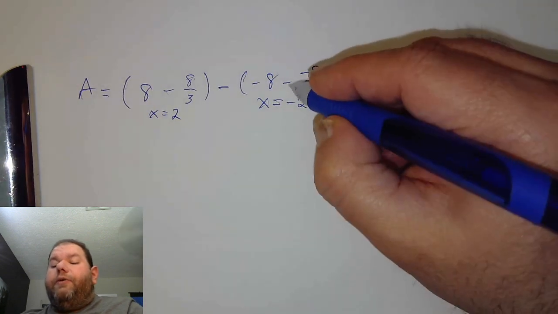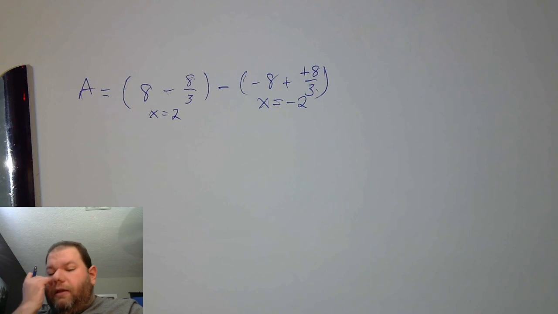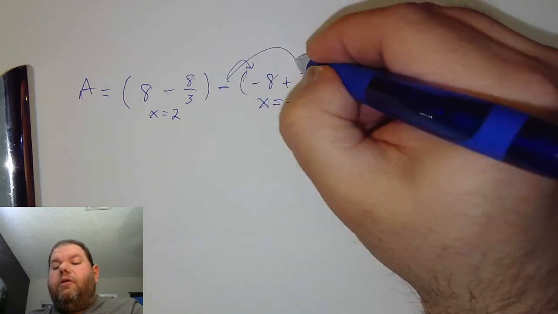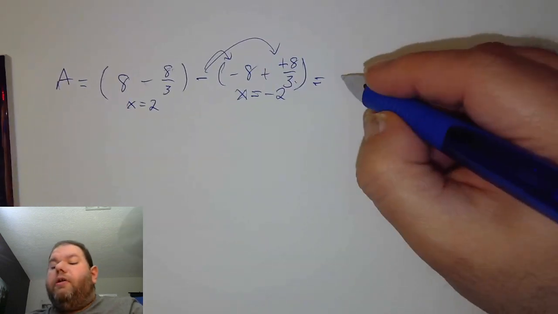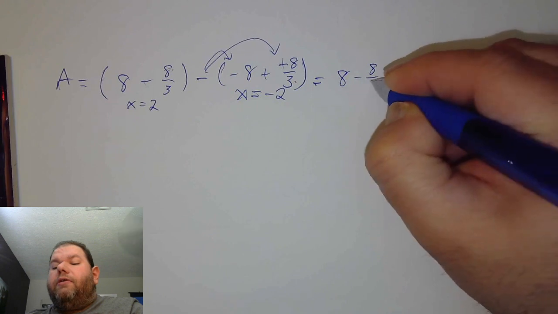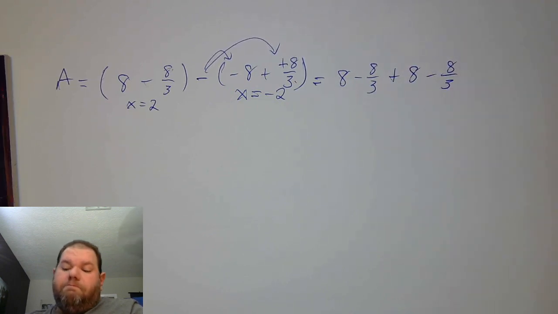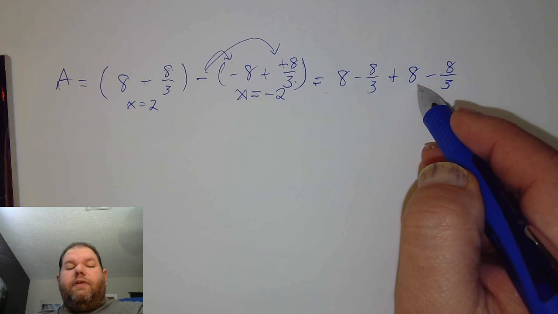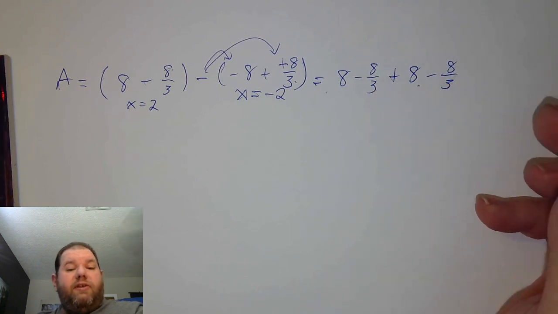Now, we know these two negatives will make a positive, and if we distribute this minus sign, then we'll get 8 minus 8 thirds plus 8 minus 8 thirds. Now from here we'll just combine our like terms. 8 and 8 is 16, minus 8 thirds minus 8 thirds is minus 16 thirds.